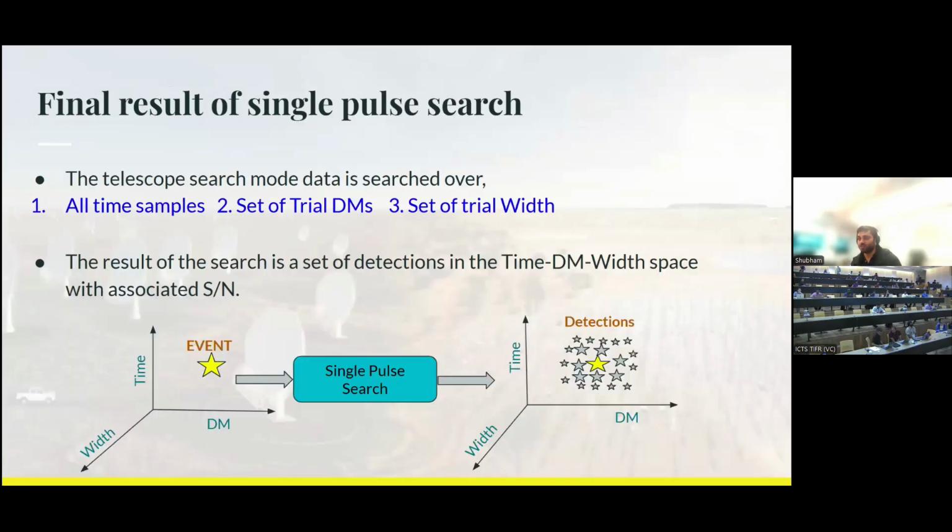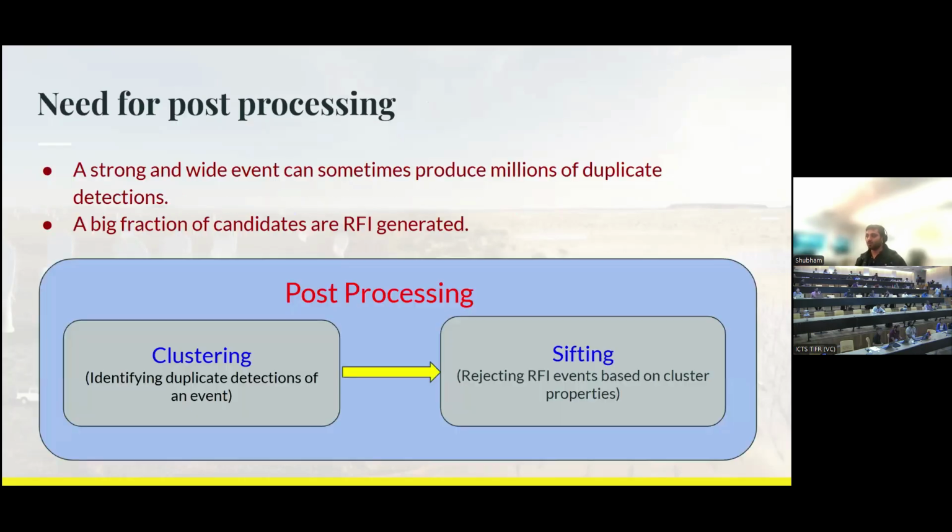When a fast transient event at a given time, DM, and width goes through a single pulse search, we end up finding a lot of duplicate detections. The number of detections can go up to 1 million in the case of a very wide and very strong pulse. And a big fraction of the detected events are not even astrophysical. Most of them are RFI generated.